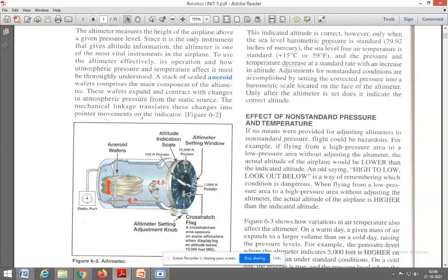They expand and contract with the changes in atmospheric pressure from the static source. So due to the changes in static source pressure value, the wafer may expand or contract. The mechanical linkage translates these changes into pointer movement on the indicator.